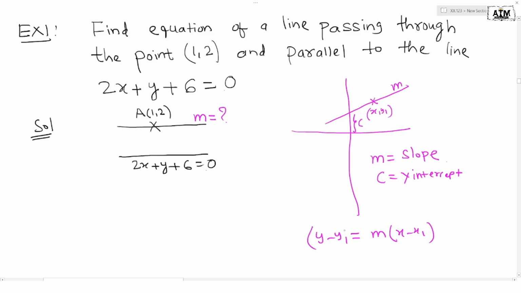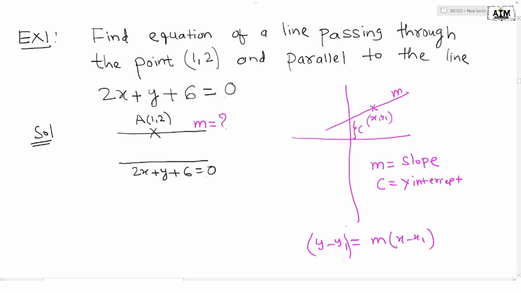This formula involves the coordinates of the point A as well as the slope of the line. So this formula we usually use whenever we want to find the equation of the line if the coordinates of a point and the slope of the line are given. This equation is also called one point slope form.